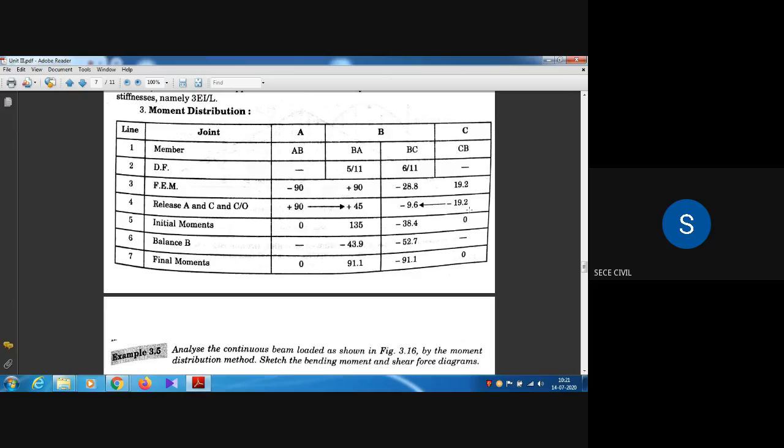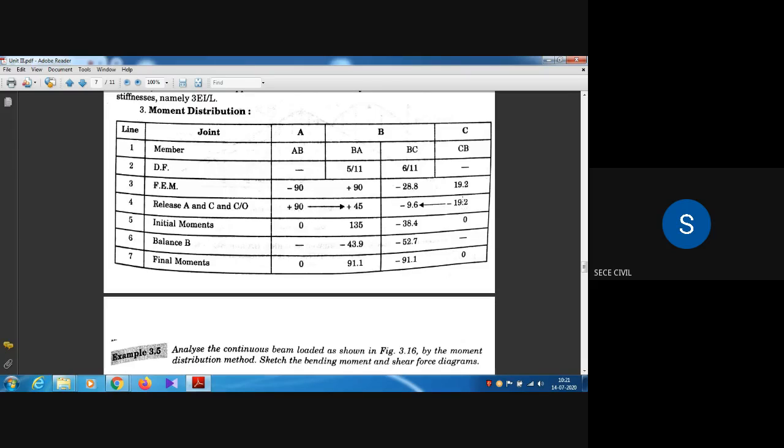So what we are doing here? We are having a clockwise moment, so we are applying an anti-clockwise moment.